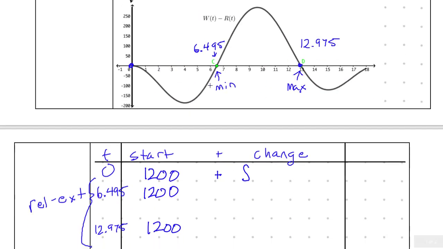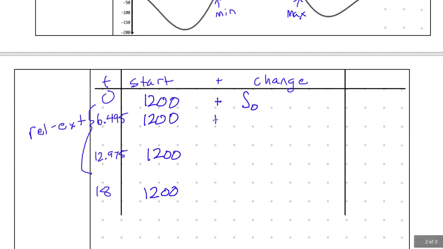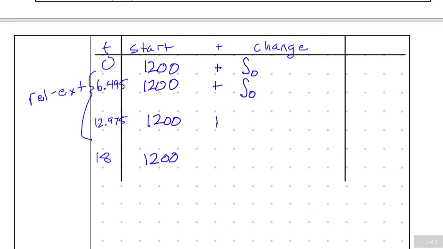So our start time on each of these integrals is 0, plus the integral from 0 to whatever time I have on the left-hand side. So from 0 to 0, from 0 to 6.495, and 12.975, and 18.